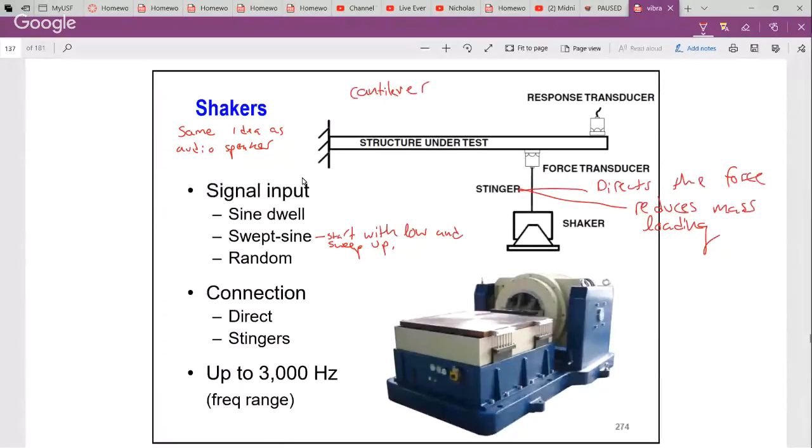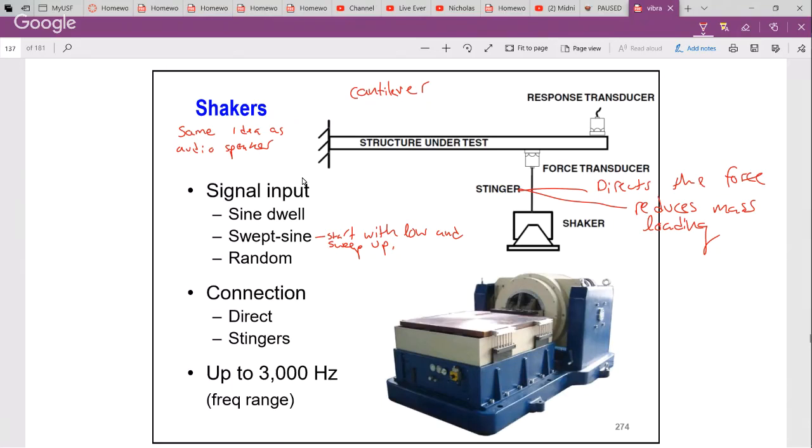Obviously, we can hit it with a sine wave or a swept sine. Swept sine is very useful for purposes of determining frequency response, because then you can see how this responds over a range of frequencies. So, for example, if we attach a shaker to this structure right here, we're driving from very low frequency to very high frequency, and we get a lot of response at, let's say, 300 hertz.